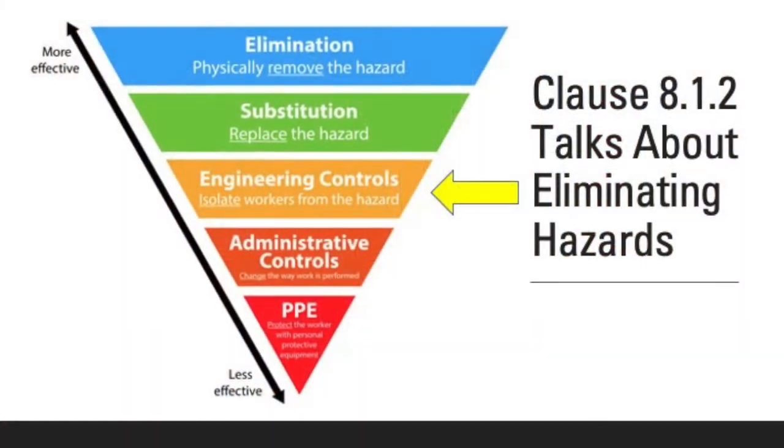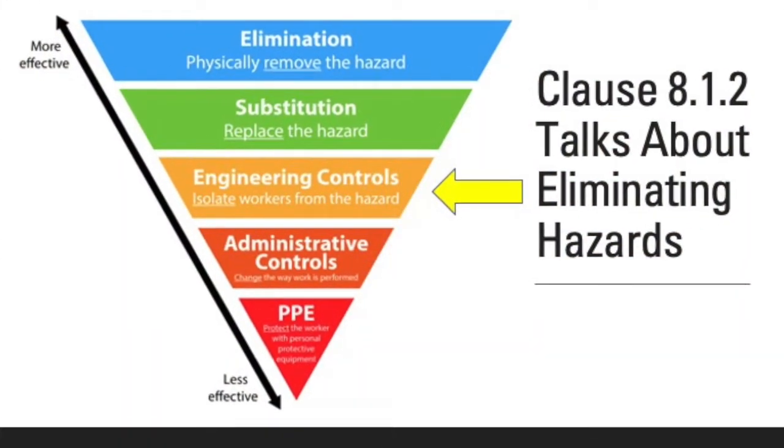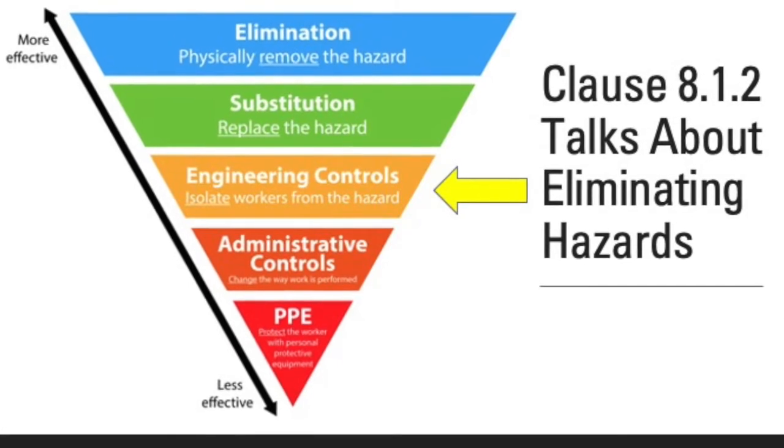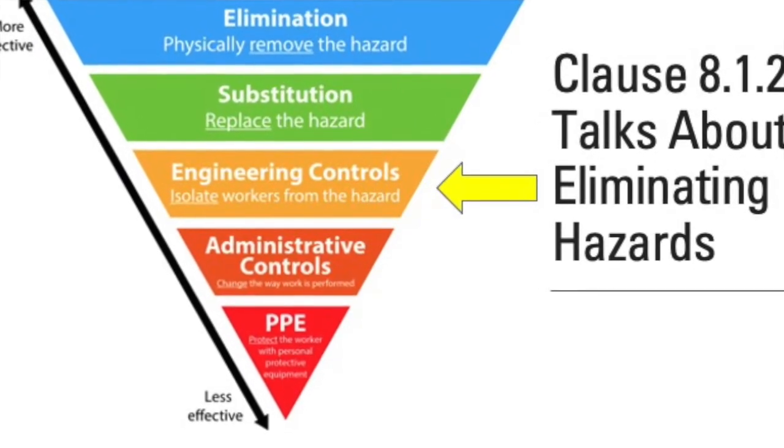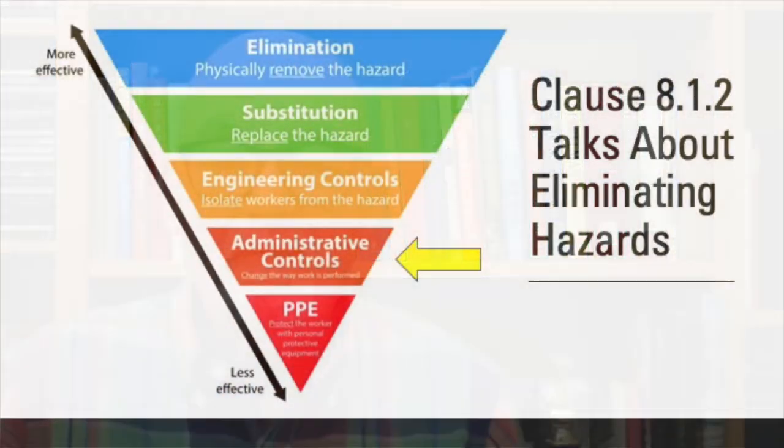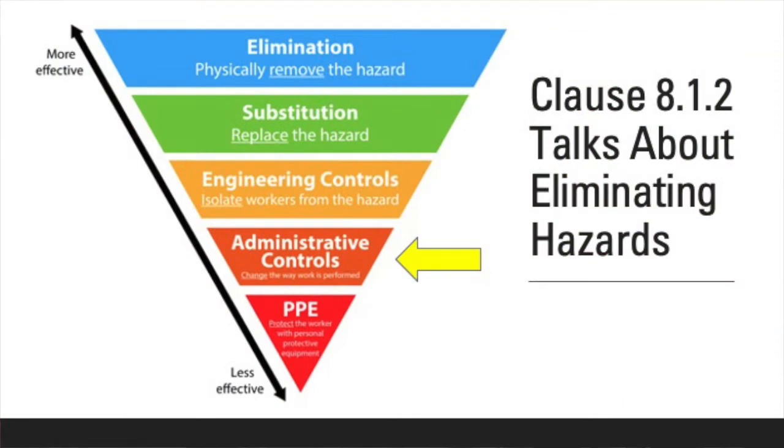The next less preferred option is to put engineering controls in place. For example, guards on machines, maybe a guard around a hole in the floor, fall arrests, things like that. Another less preferable approach is administrative controls, where you change the way the work is performed so that you avoid coming in contact with the hazard.